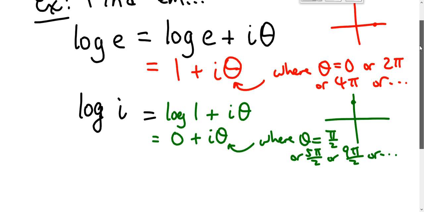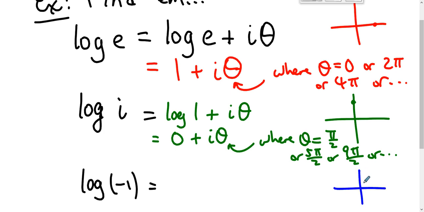You can even take the log of -1. -1 is a complex number. You can graph -1 in the complex plane. It's over here. We take the log of its distance from the origin plus i theta.